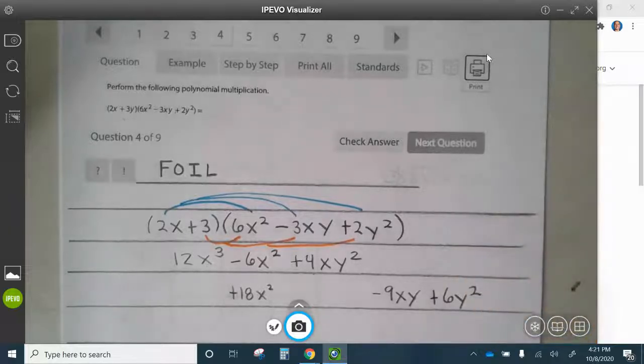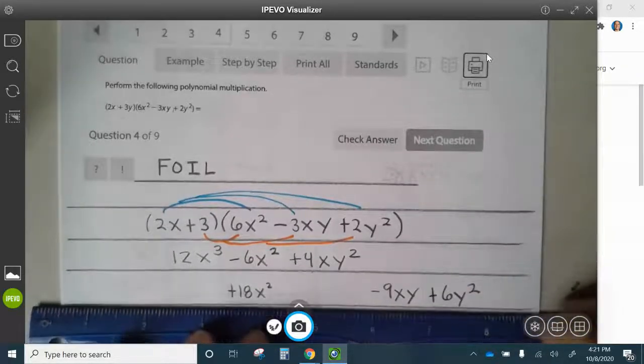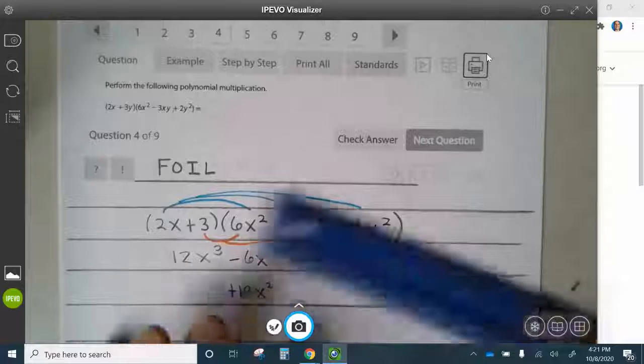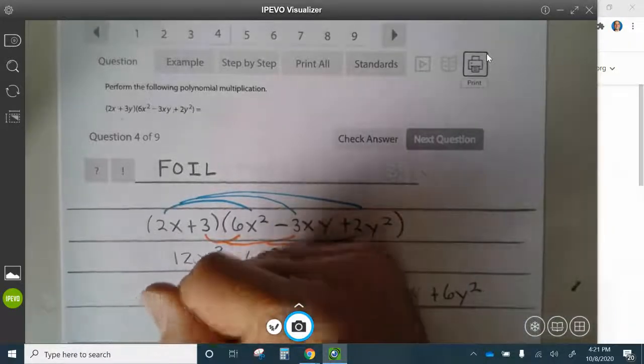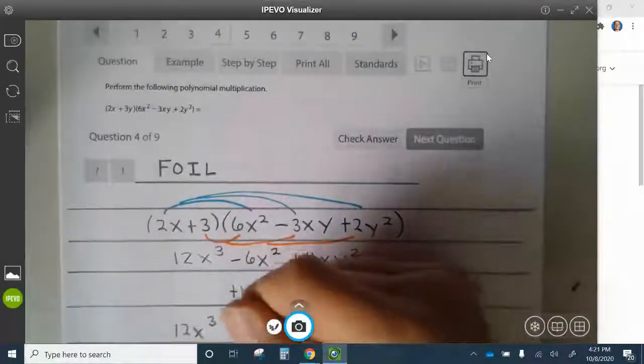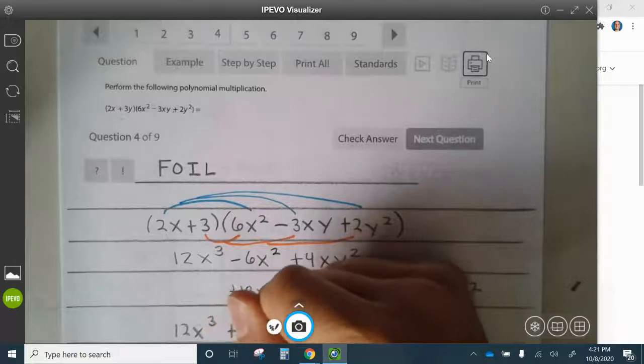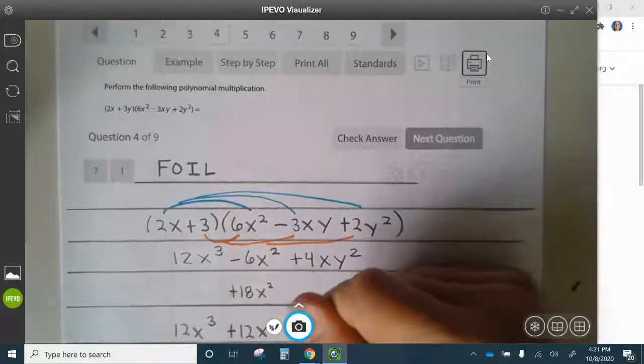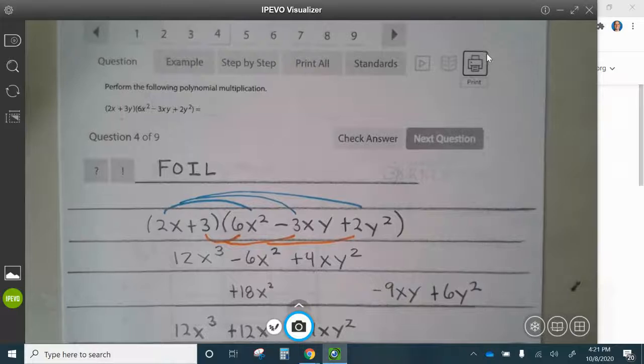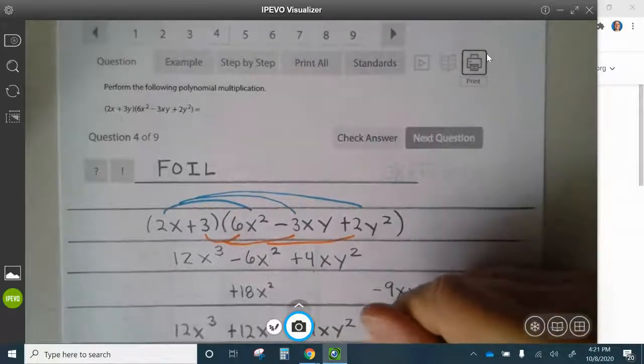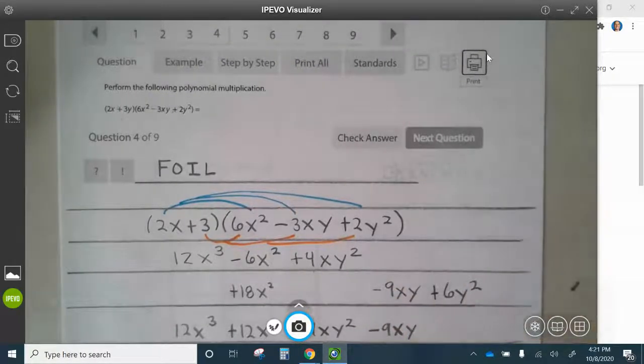So you have 12x cubed plus 12x squared plus 4xy squared minus 9xy plus 6y squared. Now, that's mathematically correct.